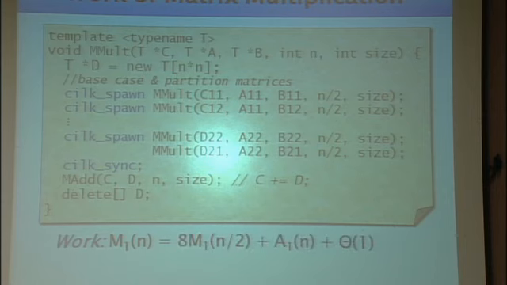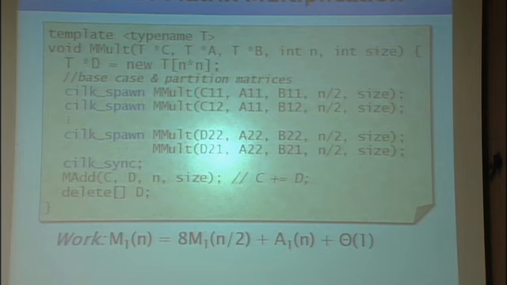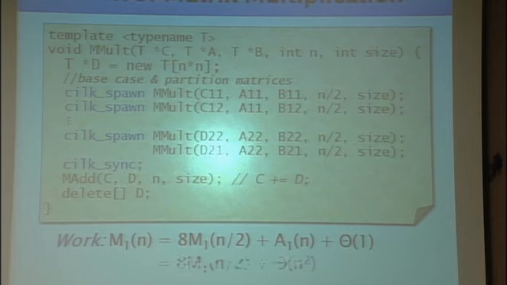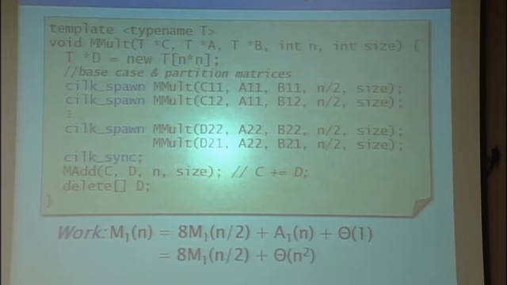Okay, does that make sense? We analyzed the work of the addition. What's the work of the addition? Order n squared. So that's going to dominate that constant there. So we get 8 M_1 of n over 2 plus order n squared. And what's the solution to this?